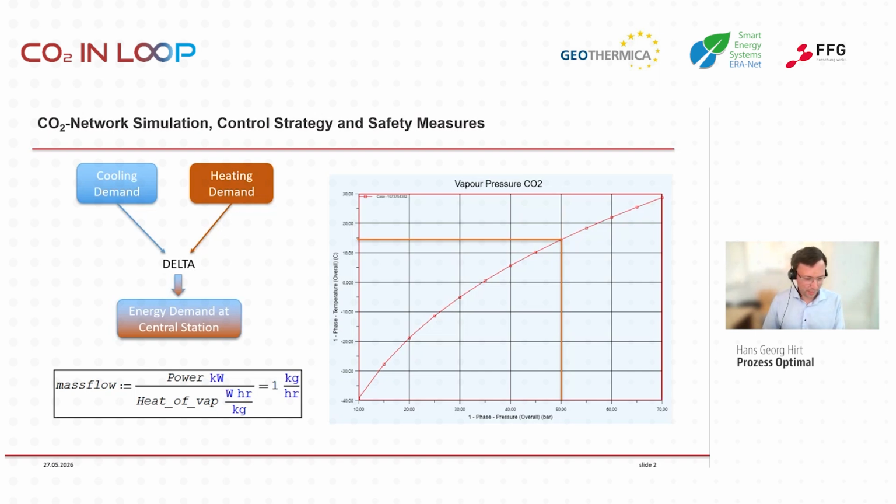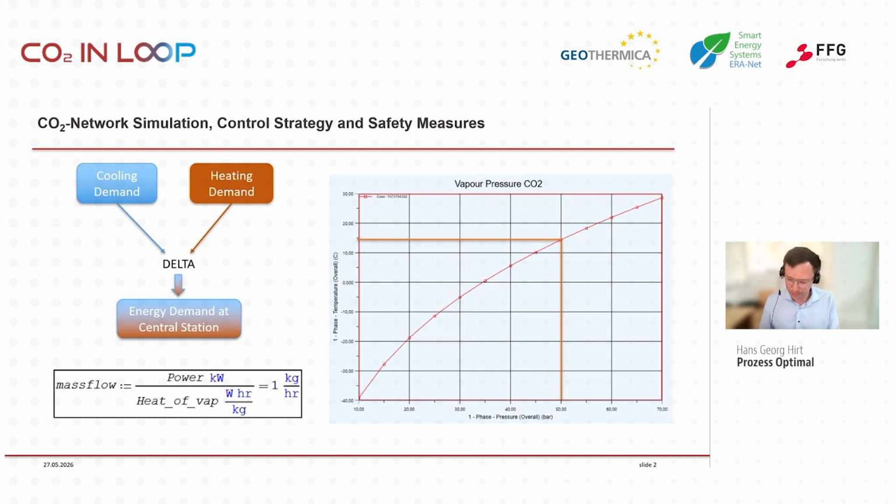And as equal to water during heating and cooling, the mass flow is defined by the energy demand. And here we are only defined by the heat of evaporation of CO2 or the heat of condensation of CO2 in the user stations. And interesting on this topic is the vapor pressure of CO2.